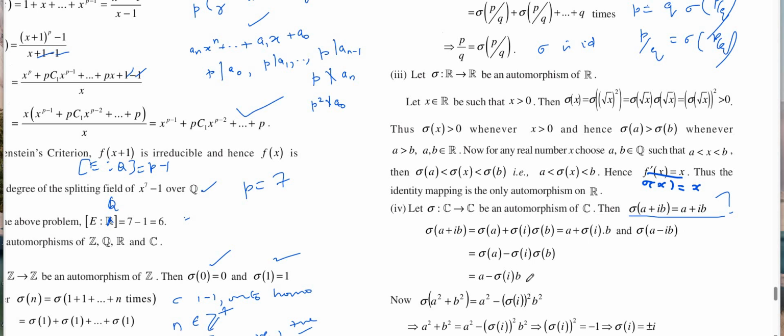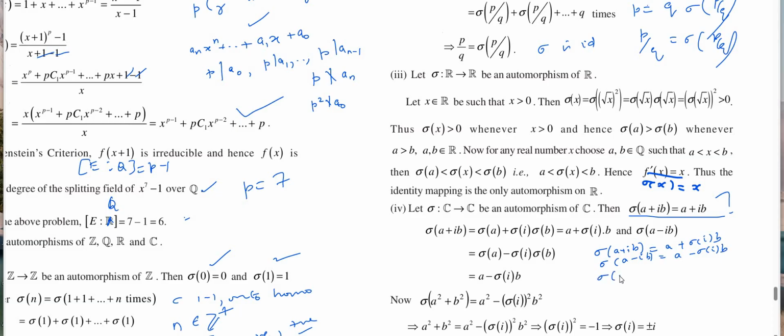In the same way, when you consider sigma of a square plus b square, you can write a square plus b square. See, what is it that we have? Sigma of a + ib is a + sigma of i into b. And a - ib we have as a - sigma of i into b.